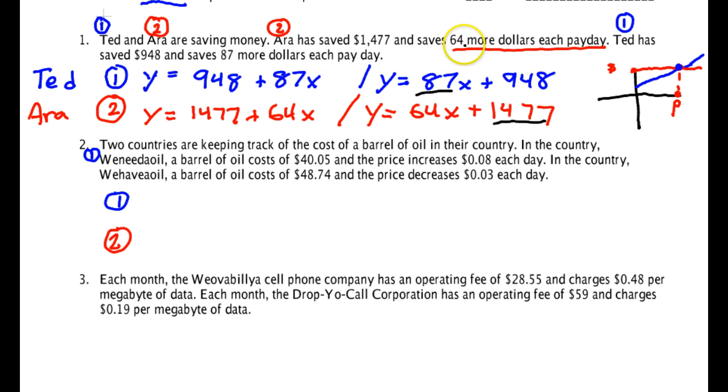Like here it says $64 more each payday, or the slope here, right? But down here it doesn't say more dollars each payday. It says $0.08 each day. So the language may not be the same, but it's going to be similar. And try to see that pattern throughout all these problems, and that'll help you come up with the equation.